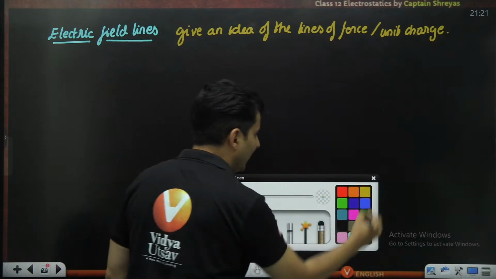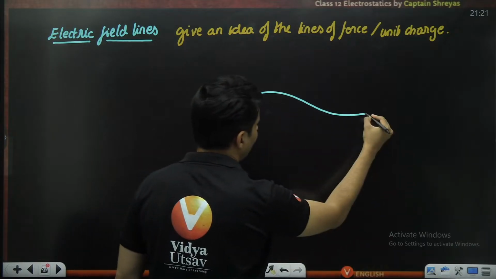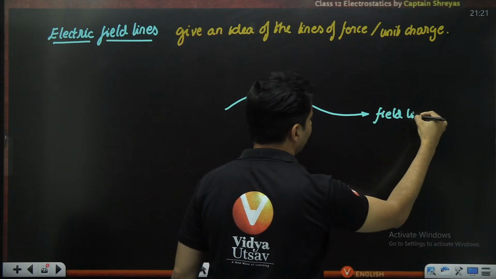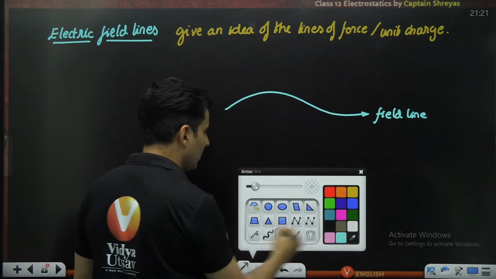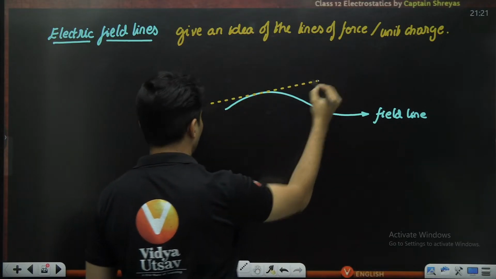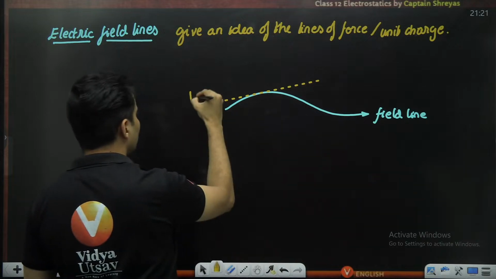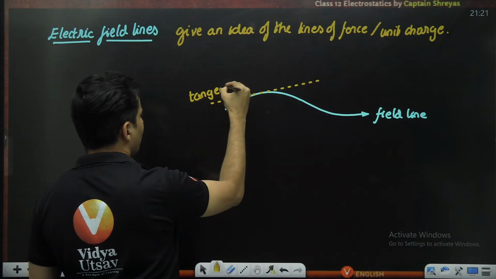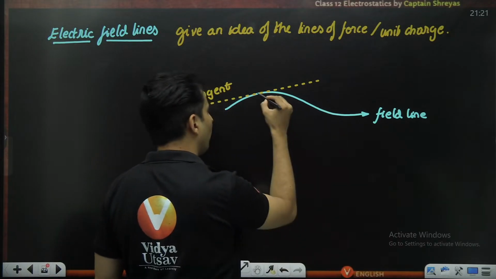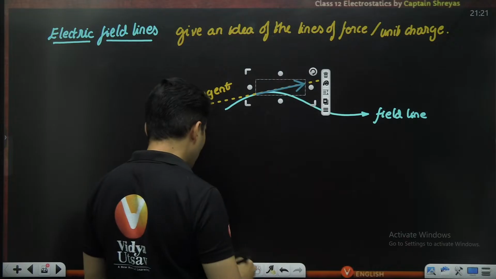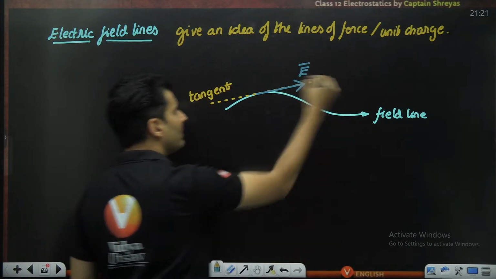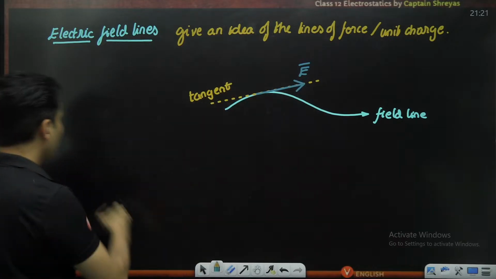So if I find some electric field line like this, and then I draw a tangent to it, this is also very important, then the field at that particular point will always be along the tangent.